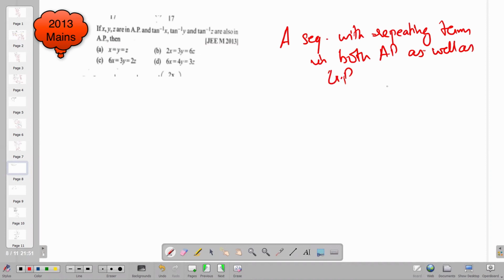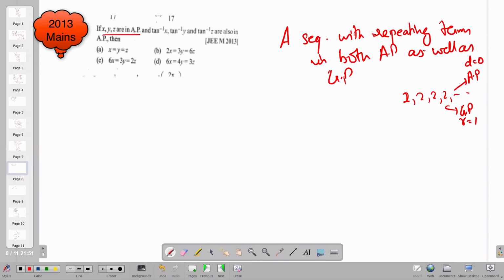That means if I have 2, 2, 2, 2, 2 and so on, term 2 is repeating, then this is AP with common difference 0, and this is GP with common ratio 1. So a sequence with repeating terms is both AP as well as GP.